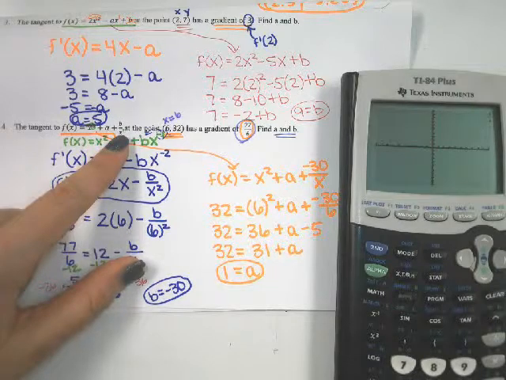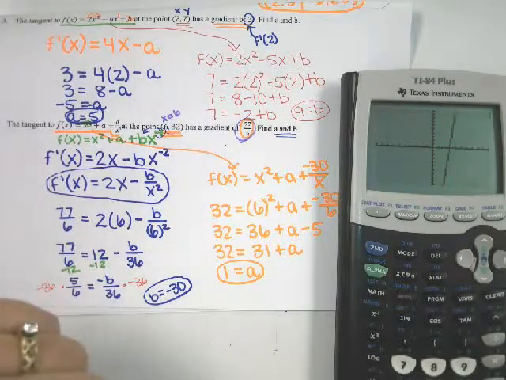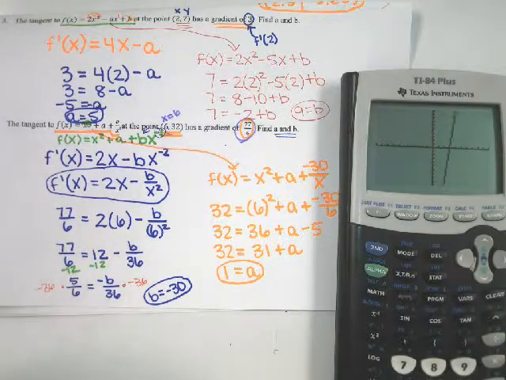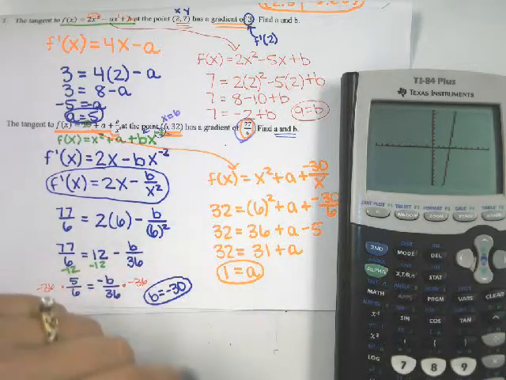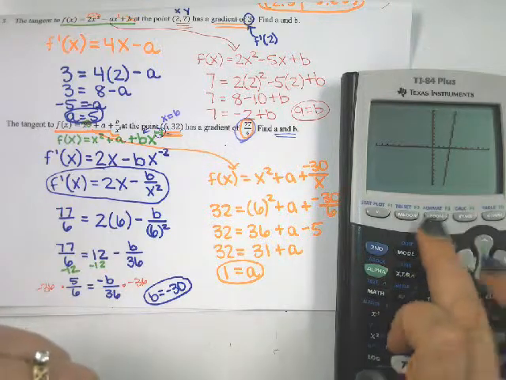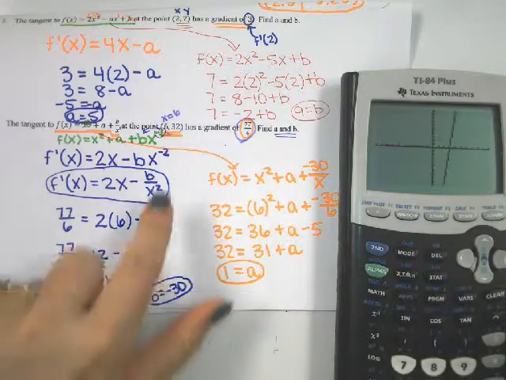Graph it. Who knows what this is going to look like? Something crazy, I'm sure. Okay, so it looks like that. I'm sure there's a lot more going on if we zoom out, but I don't think we need to.